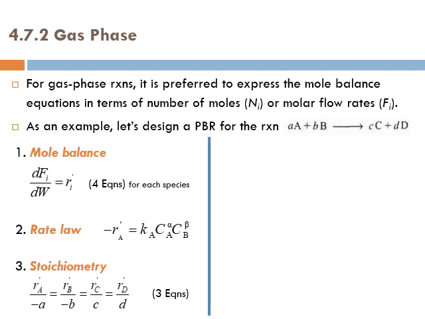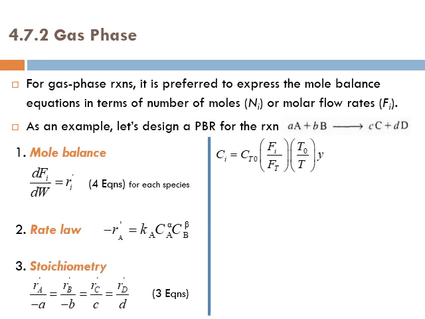One for Rb in terms of Ra, second one is for Rc, the third one is for Rd, and remember they are all in terms of Ra.